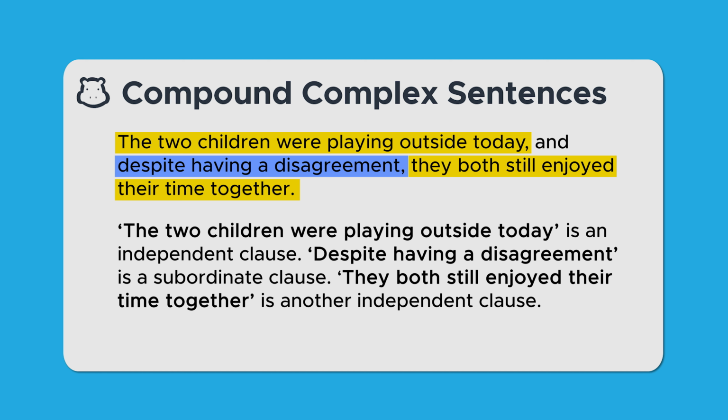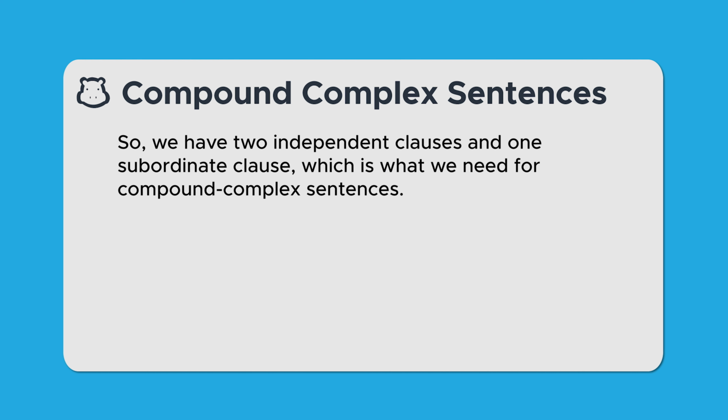The two children were playing outside today is an independent clause. Despite having a disagreement is a subordinate clause. They both still enjoyed their time together is another independent clause. So, we have two independent clauses and one subordinate clause, which is what we need for compound complex sentences.